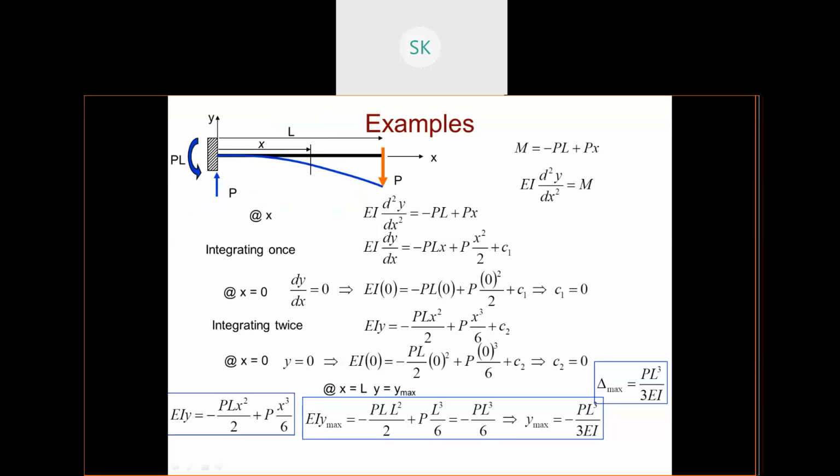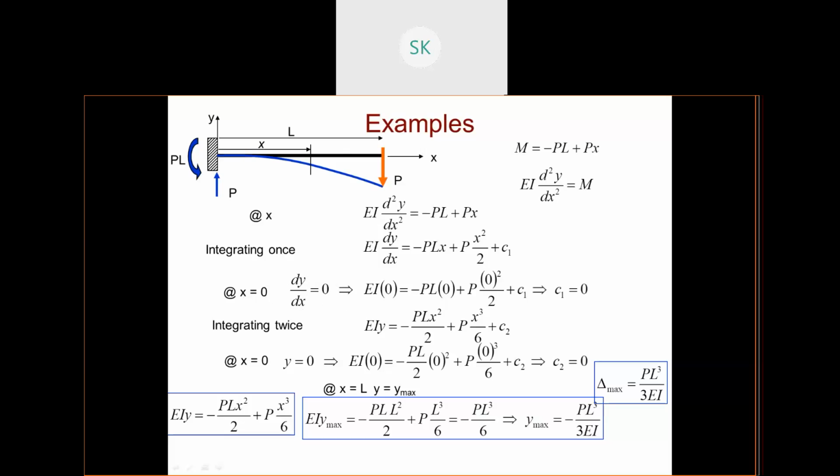Ma'am, when we put x equal to 0, we are getting dy by dx equal to 0. How do we get dy by dx equals 0? He is saying at x equals 0, dy by dx means your slope.